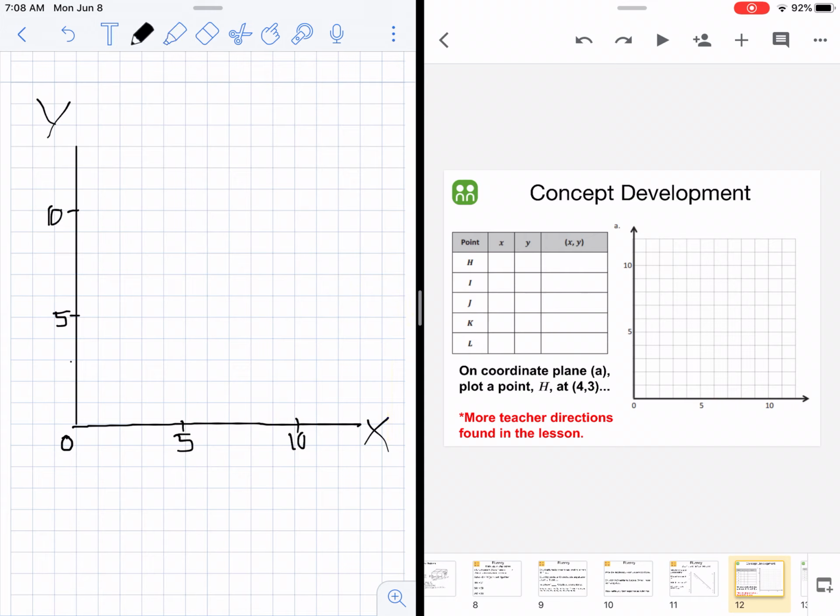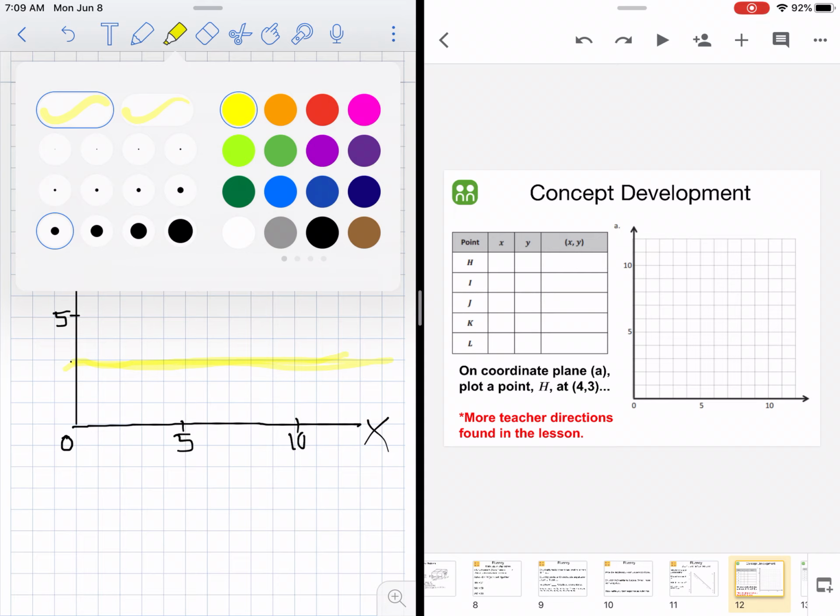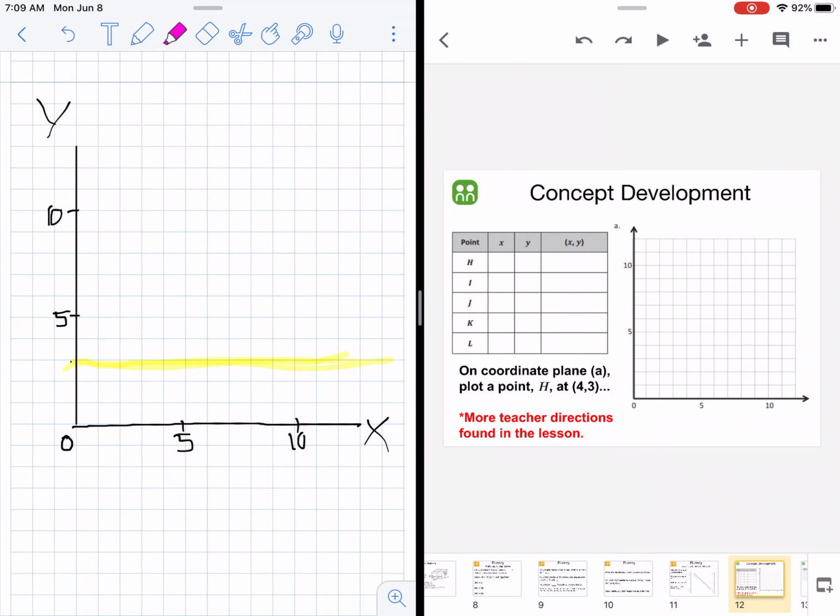We're going to start off by plotting a point 3 units from the x-axis. So that means the y-coordinate is 3. That means our y-coordinate is going to lie somewhere on this line. This is 3 units from the x-axis. Okay, and it's 4 units from the y-axis.